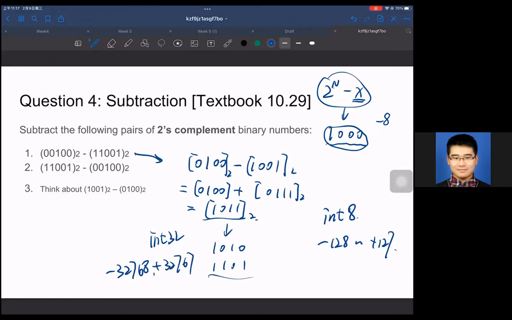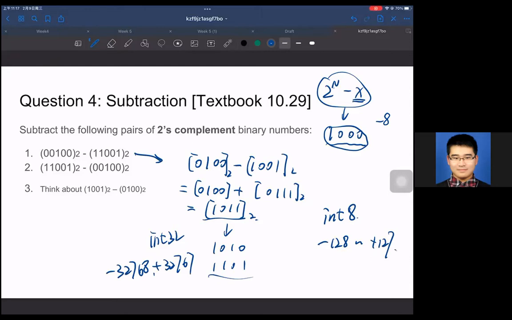Remember, they are just a mirror of each other. We can convert to -8 with these two's complements, except for 0, because for two's complement, we solve one problem, which is we don't have a -0 over there, right? So which means you have a missing 1 over there.